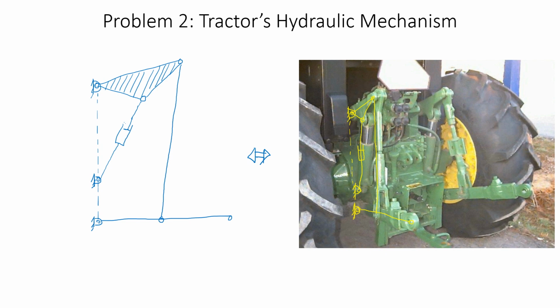So at this particular stage, it would also be advisable to label these links so that we can use this notation for the subsequent computation. So I'm going to start from the ground link. I can label this one as R1. And the one that is the second link can be labeled as R2.